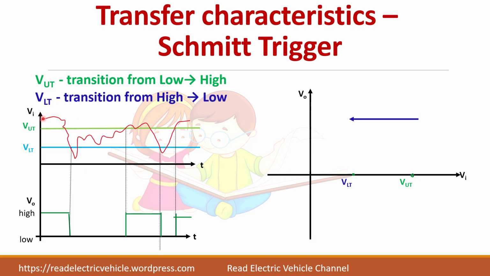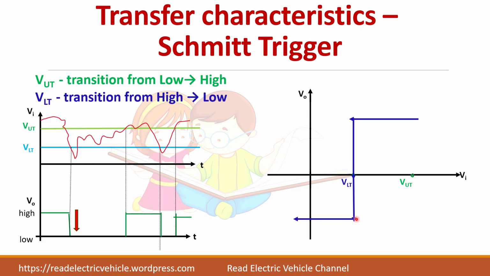And the input voltage is decreasing, and it decreases below the lower threshold. So this is when the input is decreasing, this is input. The input is decreasing and it falls below the lower threshold. The output jumps from high to low value. And if the input goes below that, it remains at the low value itself.